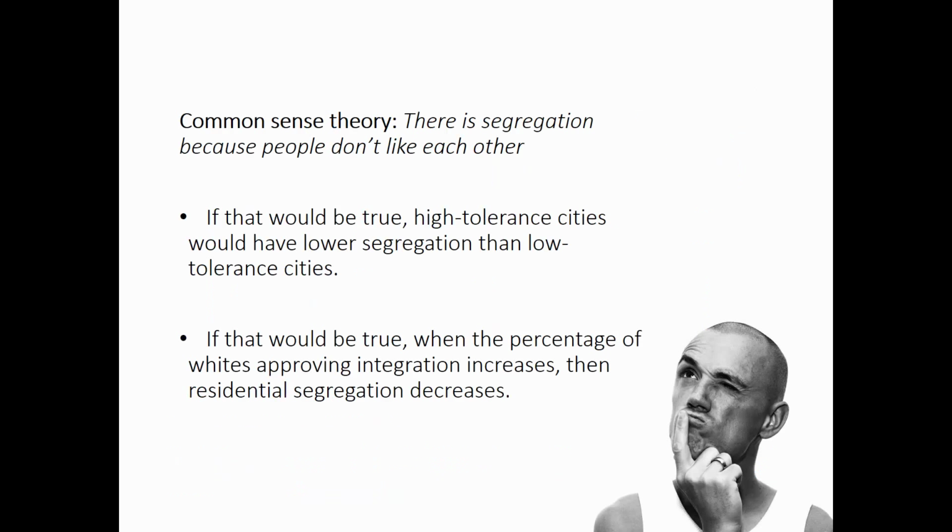So the first implication that we had is that, if that were true, high tolerance cities would have lower segregation than low tolerance cities. We don't find that. There's an equal amount of segregation in the North and the South, although in the North people are much more tolerant in the 1940s, 1950s, and 1960s.